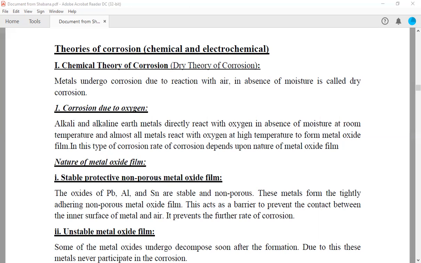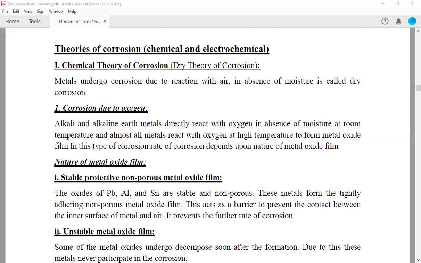First is the chemical theory of corrosion, also known as the dry theory of corrosion. In this, metal undergoes corrosion by reaction with air in the absence of moisture. It is called dry theory of corrosion or dry corrosion.